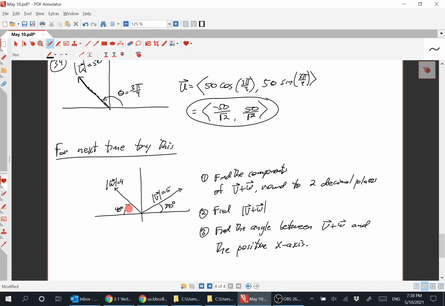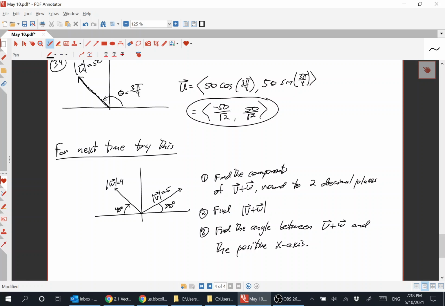W has a smaller length, or magnitude, than V, and less of that magnitude is in the direction of the negative x-axis. So in a tug of war along the x-axis, V would win, right? Of course, the y component is going to be positive. The y components of both of these vectors are positive, so when you add them, it's still going to be positive.